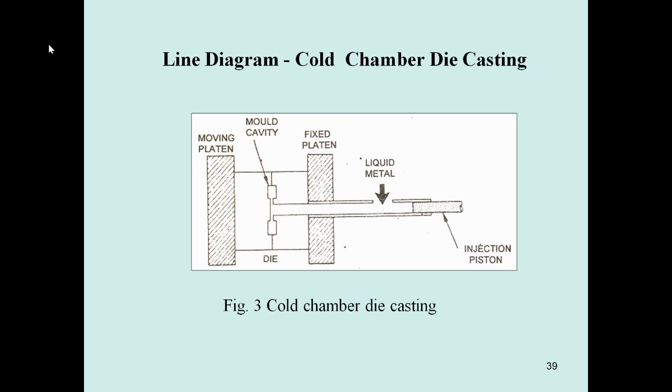Next, fixed platen, a movable platen, and between the movable platen and the fixed platen there are two dies, which form a mold cavity. This is a diagram of a cold chamber die casting.